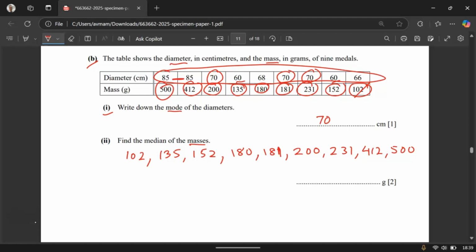Now there are a total of 9, it is given over here. So 4 to the left and 4 to the right, 181 is in the middle, so 181 is the median.